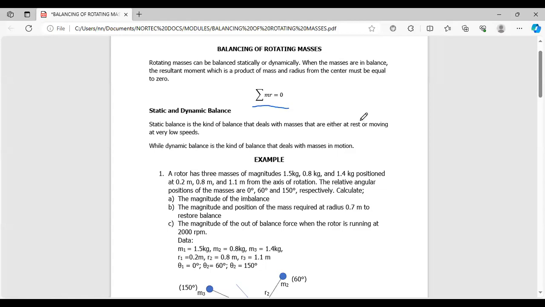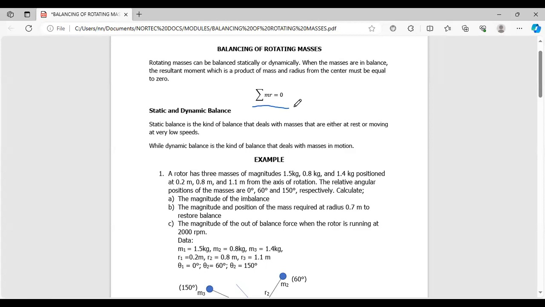In this type of balancing of masses, when you multiply the products of mass and radius in any given plane, you're supposed to get a 0. Then you say this is balanced. If it's not balanced, you're going to get a number other than 0. Whether in the static or dynamic, that principle has to be respected.